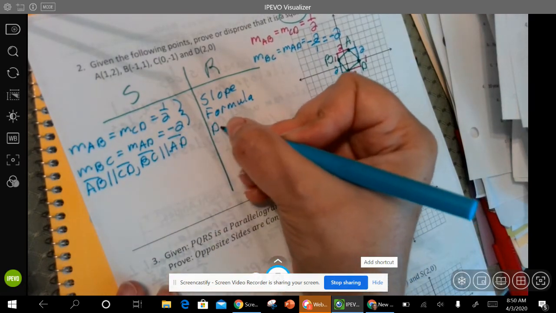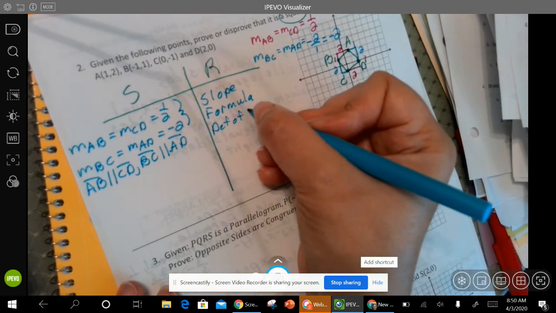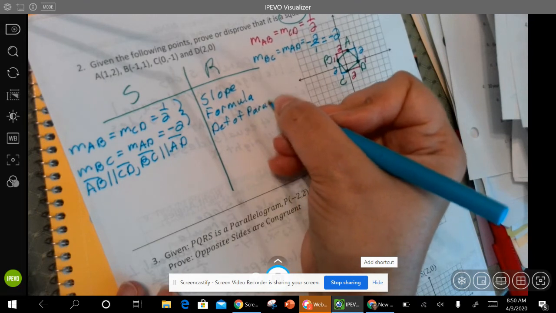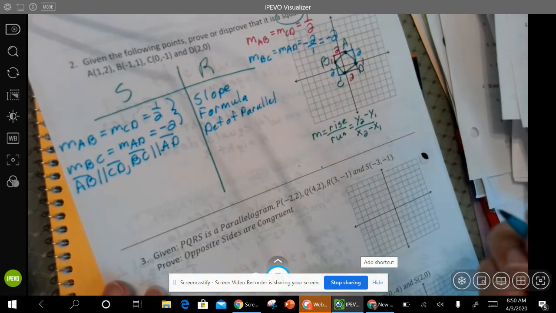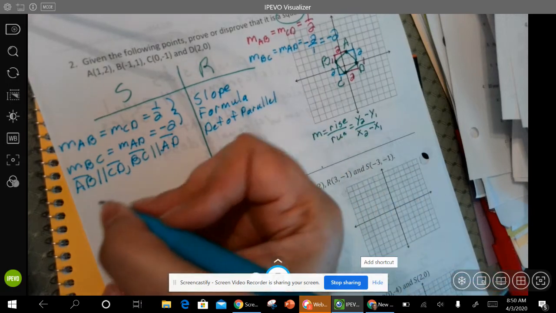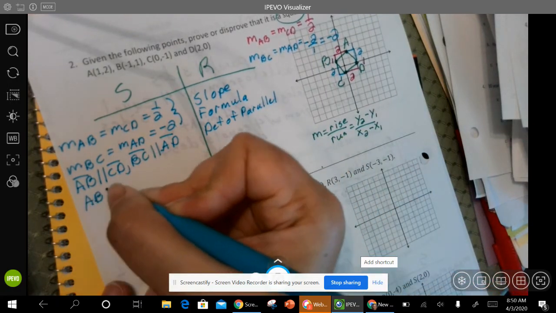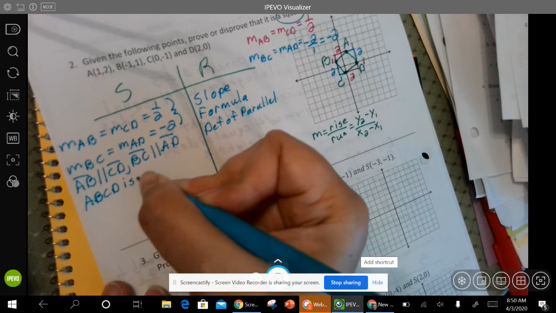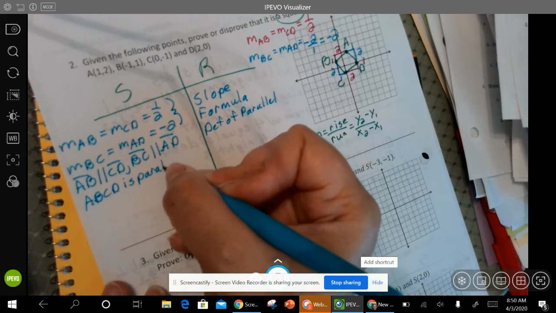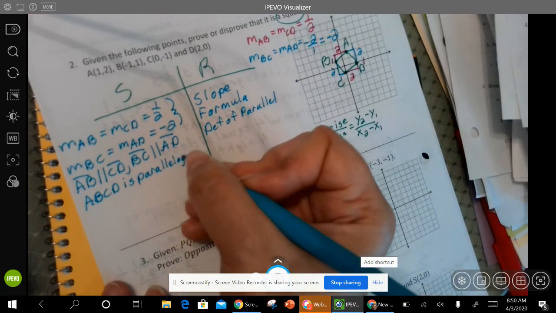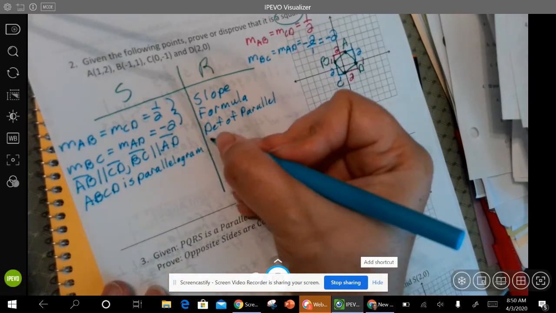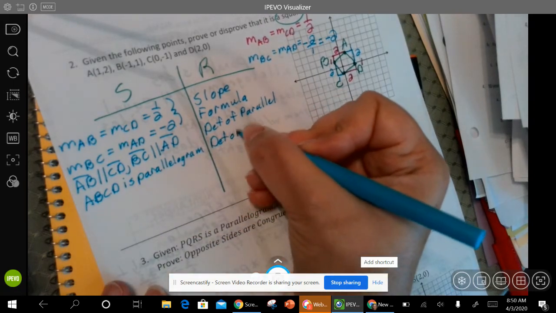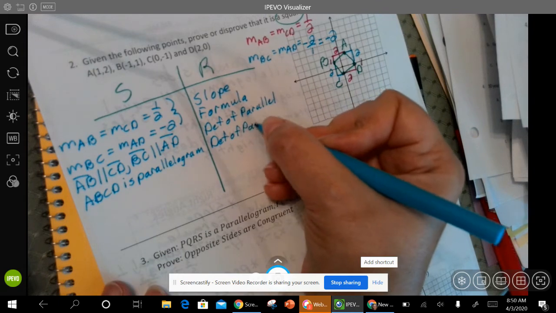Okay, so that's the definition of parallel. So that means that ABCD is a parallelogram. One of our properties, remember, is opposite sides are parallel for a parallelogram. So the reason is going to be definition of parallelogram.